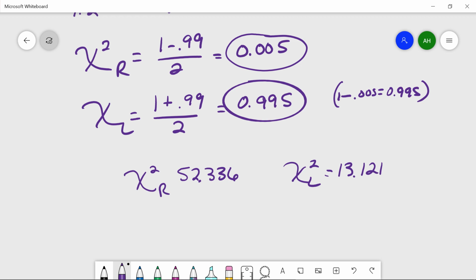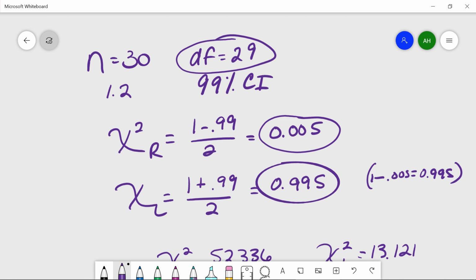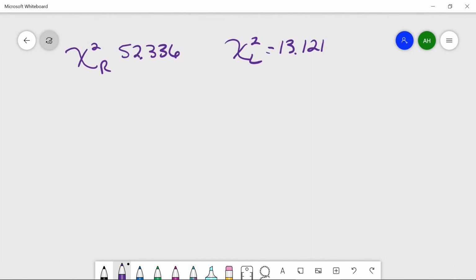Okay, so using these critical values, and we've got that our sample standard deviation is going to be 1.2, we're going to go ahead and use the formulas that we had from page 346. We're going to plug these things in.